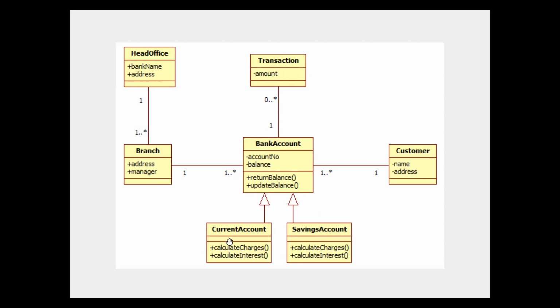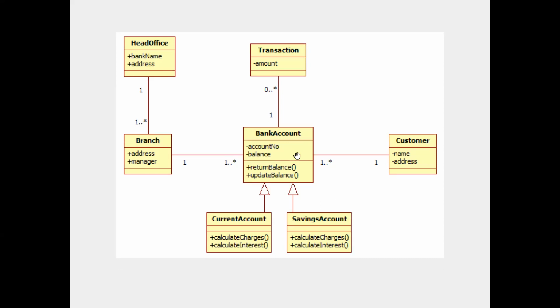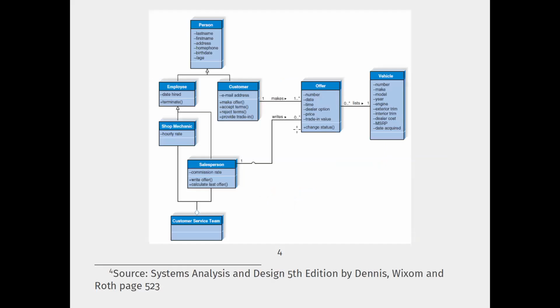Then we have the current account and the savings account. So you can see these are attributes and the methods. So all information is included here as well. So that is the addition to the other things that we have discussed so far.